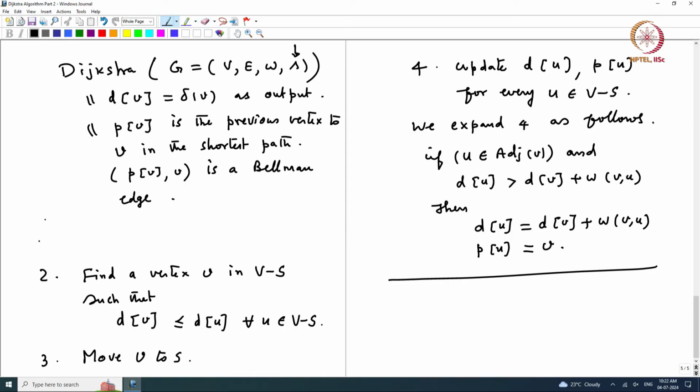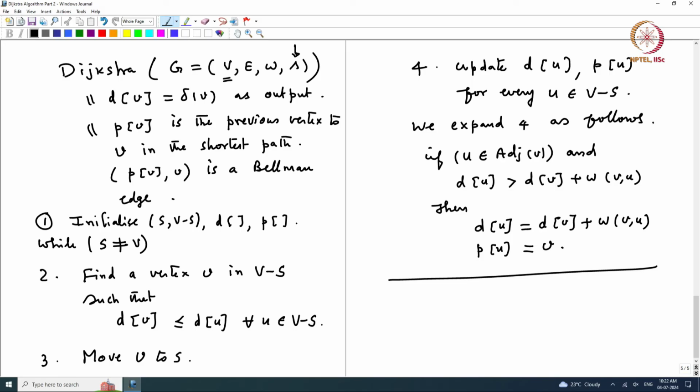So, 1: initialize the partition S, V minus S, and based on this the D array and P array. Then, while S is not equal to V, where V is the vertex set, you repeat 2, 3 and 4.